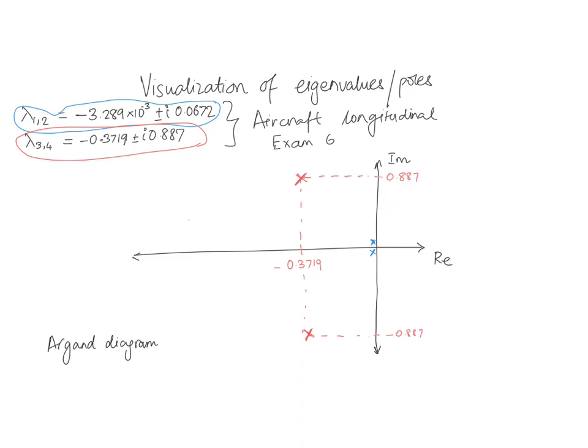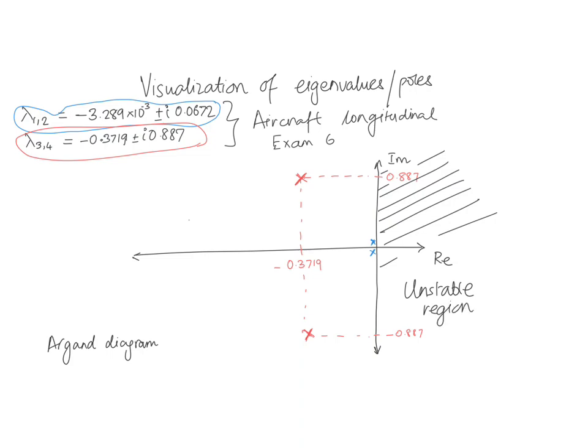So you shouldn't have any eigenvalues here. And the reason, of course, is that if you're here, what it means is that the real part is positive. So per our original observation that the eigenvalues need to have negative real parts, this would be the unstable region. So that's what we need to ensure stability.